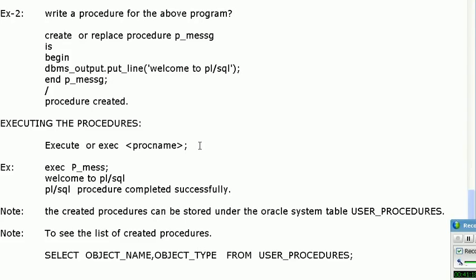TOAD, Tools for Oracle Application Development. It is a complete GUI based interface tool to connect to Oracle, and not only Oracle, any database. If you open the procedure there, it will display the name of the procedure as well as the coding of the procedure.